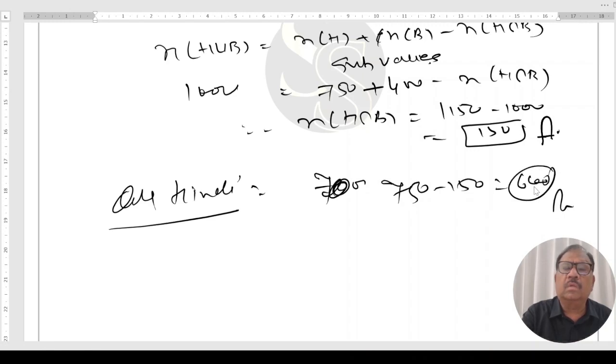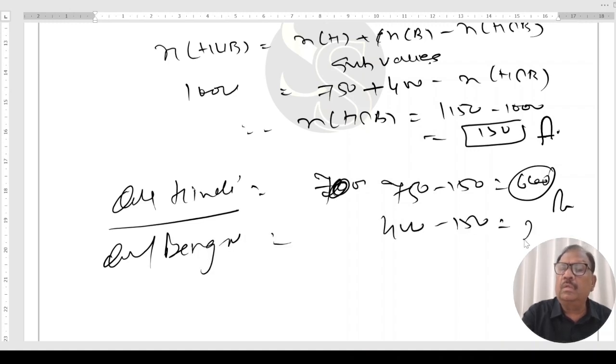This is one of the answers. Only Bengali: 400 minus 150, that is 250. This is another answer.